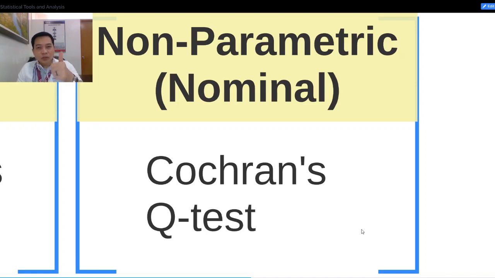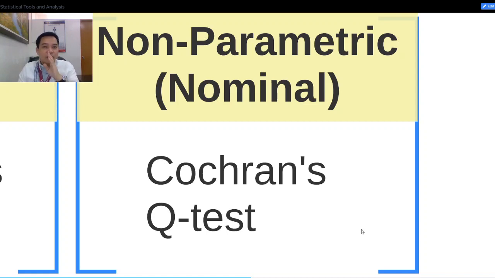But if you have one group, one test, but given three or more times, let's say 10 times, and the data is numerical or interval ratio, you'll be dealing with parametric tests, and that will be repeated measures ANOVA. One group, one test, but given, let's say, 25 times, and the data is ordinal, you'll be using Friedman's test.